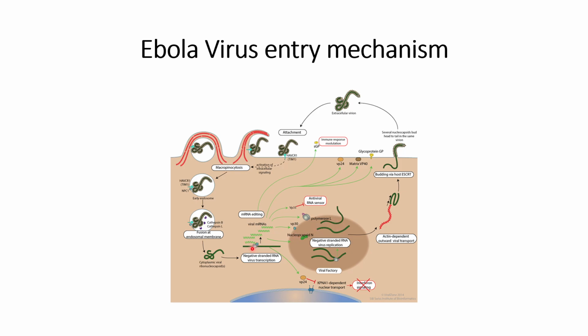Here it is represented as negative single stranded RNA, but it needs to be converted into positive single strand RNA, and that is done by other components that are present within the virus.